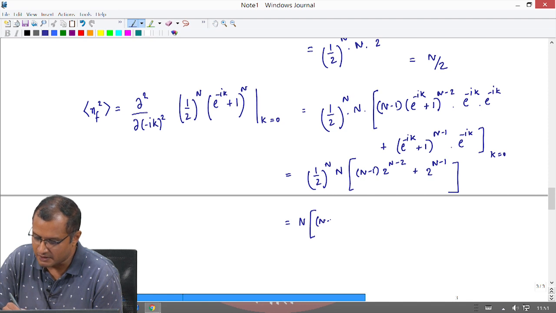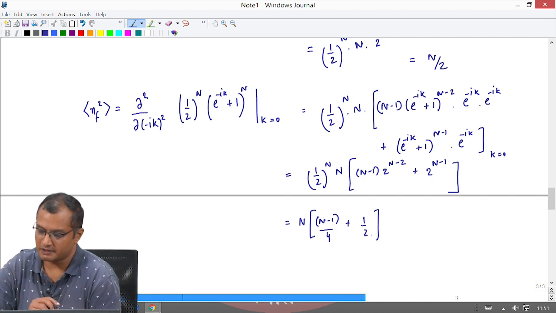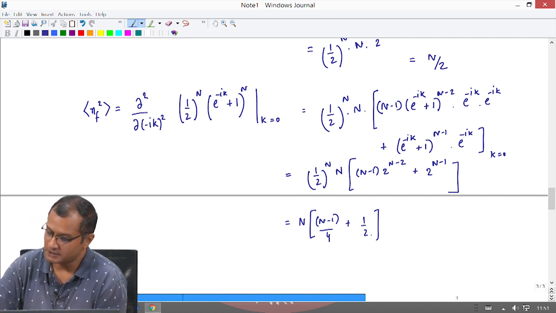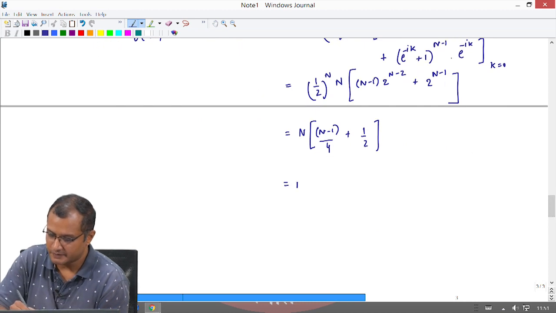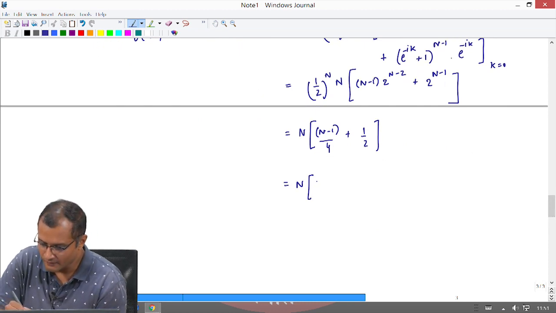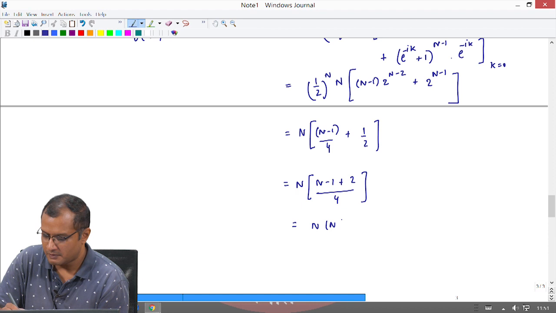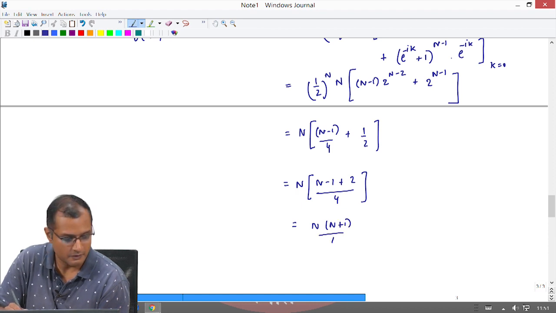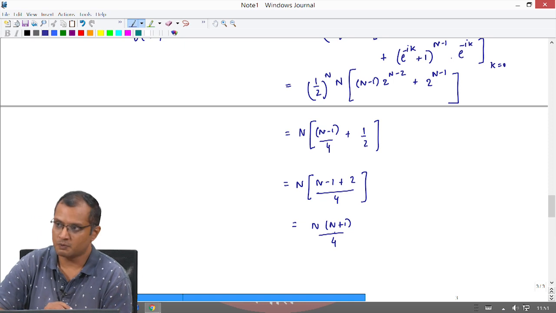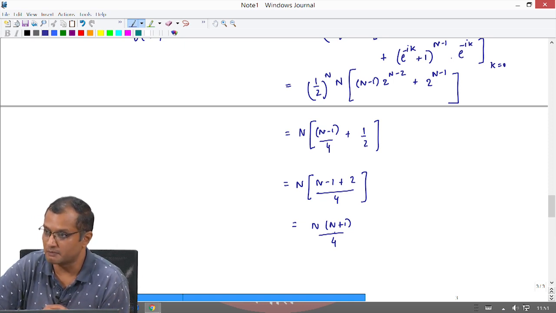So what you will have is n minus 1 by 4 plus 1 by 2. Okay, so I am taking the 1 upon 2 raised to n inside. So this will give me n into n minus 1 plus 2 upon 4, which is n into n plus 1 by 4. Okay, so that is what we had for the second moment, n square plus n by 4, right.